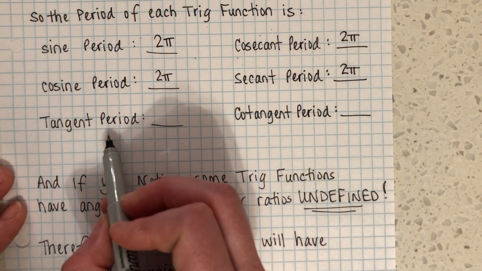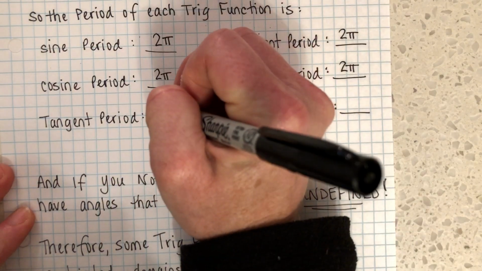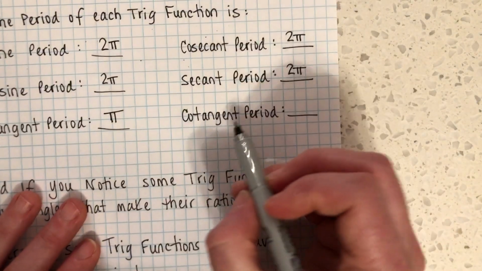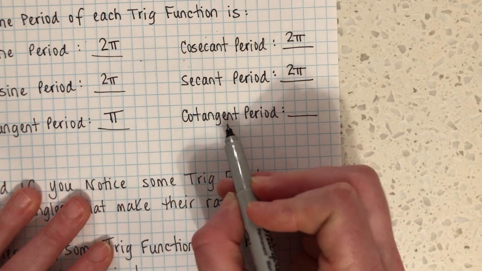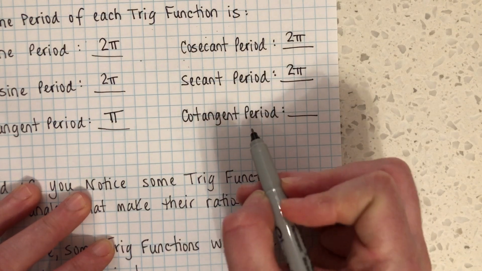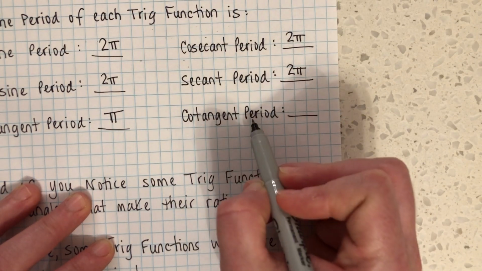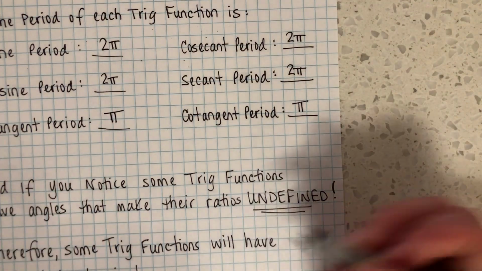They start to repeat outputs after 180 degrees, which is pi radians. So they have a period of pi radians. Well, the cotangent, which is his reciprocal, same thing. If I start putting the x's over the y's, they actually start to repeat outputs after 180 degrees, which is pi radians. Okay? All right.